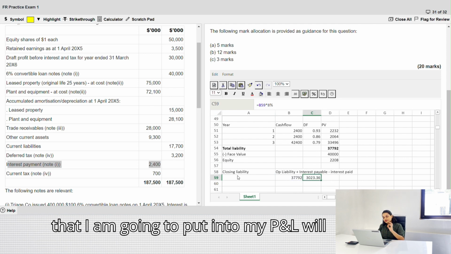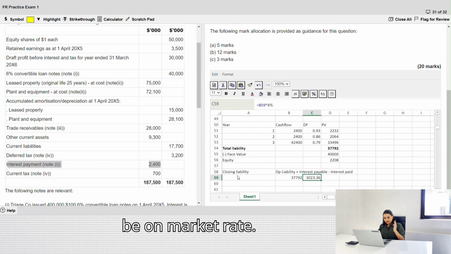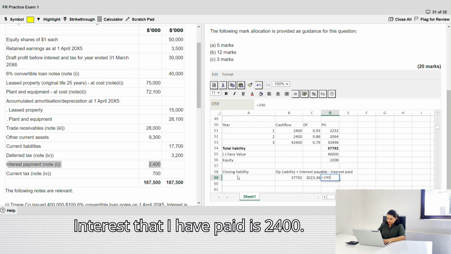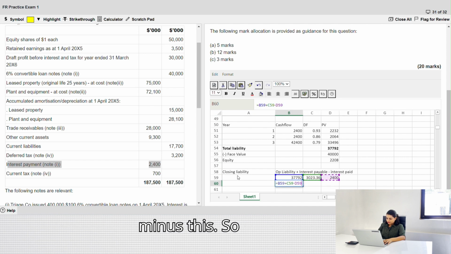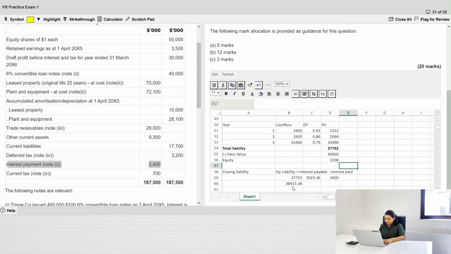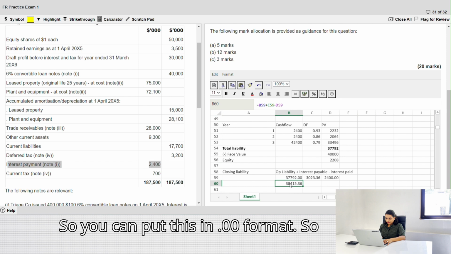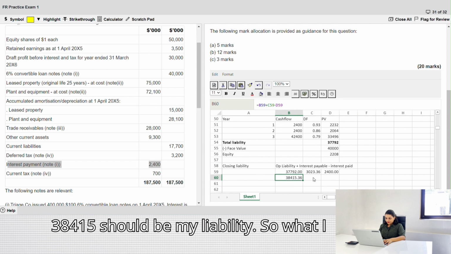Also, the finance cost that I am going to put into my P&L will be on market rate. Interest that I have paid is 2400. So my liability should be this plus this minus this. So you can put this in 0.00 format. So 38415 should be my liability.